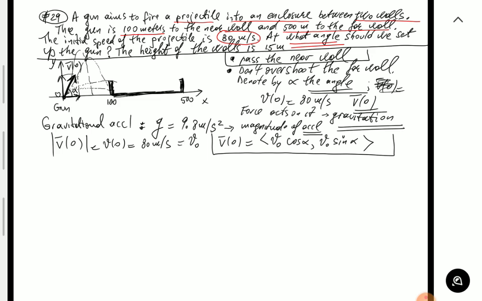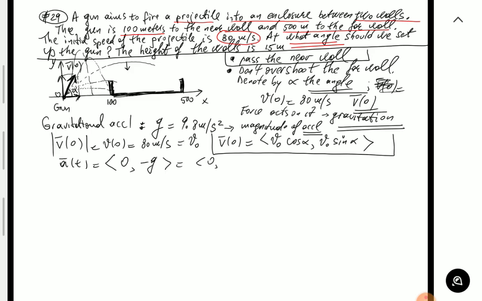Like I said, during motion, the acceleration is going to be given by just the gravitational acceleration. As the projectile moves in the air, the gravity acts downward, so it has basically a 0 x component and a negative y component, because it's in the opposite direction of positive y. So in other words, the acceleration by components will be 0 and then minus g.